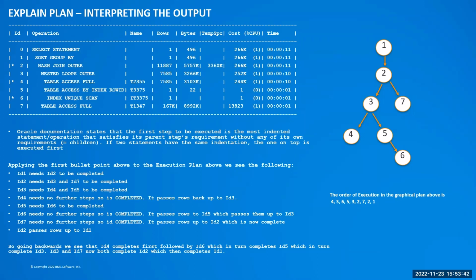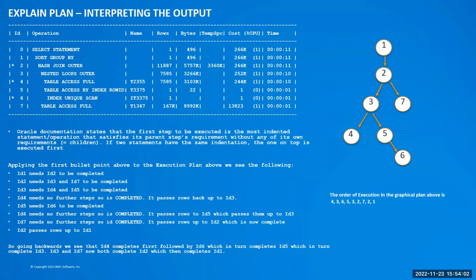So I'm going to run through this slide. ID 1 needs ID 2 to be completed, which is a hash join. ID 2 needs 3 and 7 because 3 and 7, nested loops and table access full, are at the same indentation level.